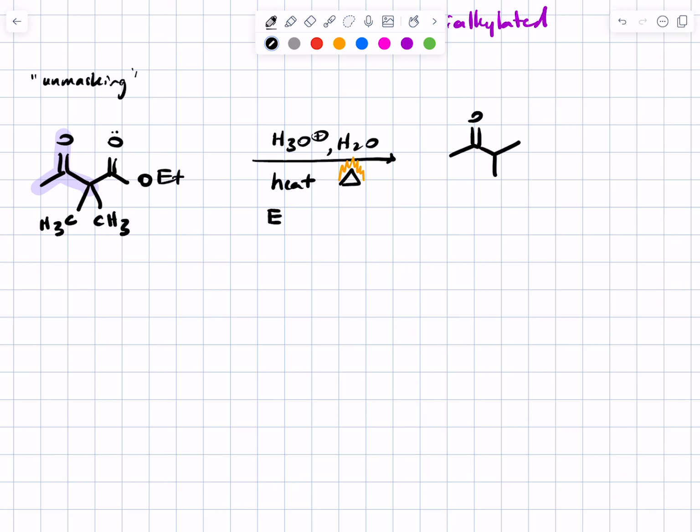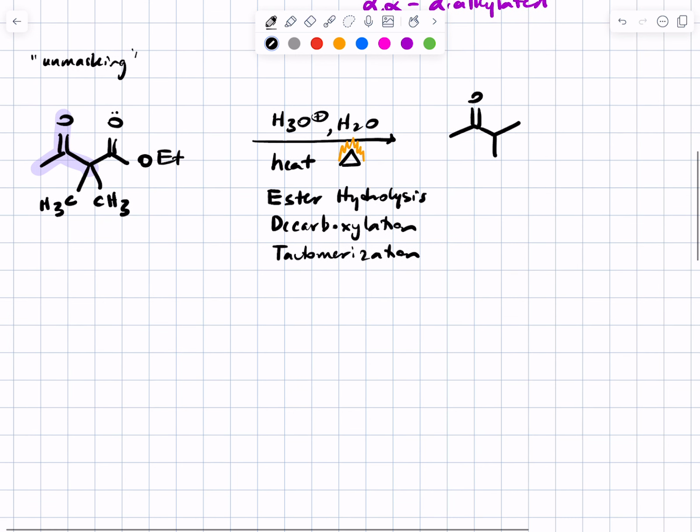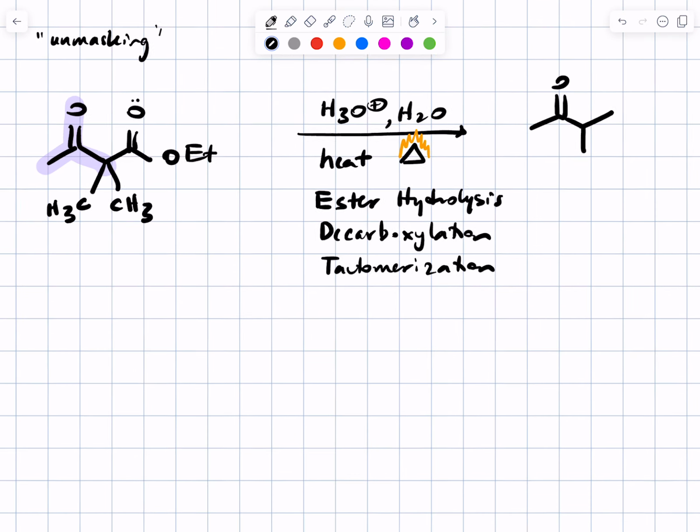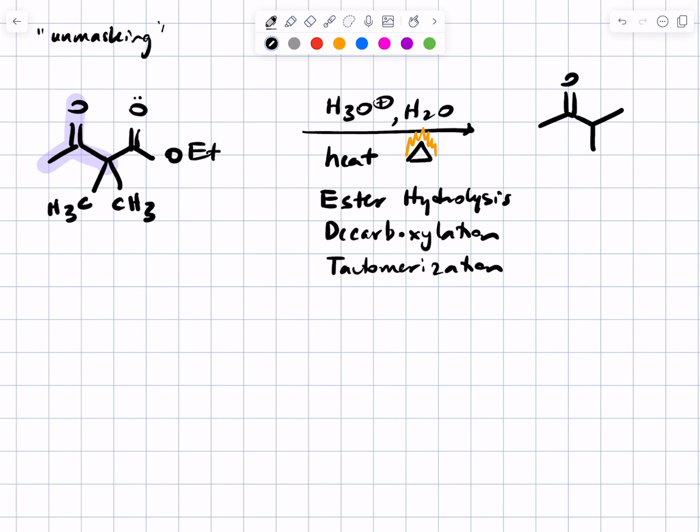I'll just summarize what's going to happen as first ester hydrolysis, then decarboxylation, and then lastly tautomerization. So you've seen two of these three things before, but not necessarily the decarboxylation.